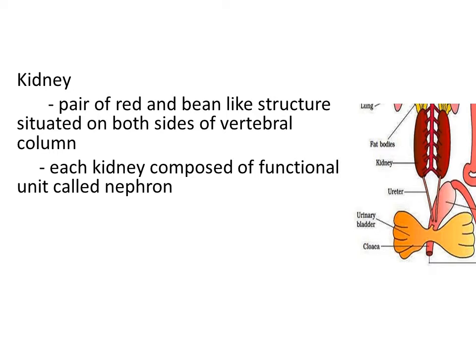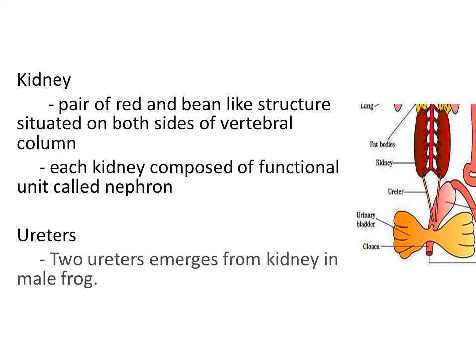Yes, let us move to one more organ of the excretory system, that is ureters. You can see in the diagram that from each kidney a tubular structure arises, and that is nothing but ureter. Two ureters emerge from each kidney in male frog. If we look into the male frog, because in frog the sexes are separate, right?